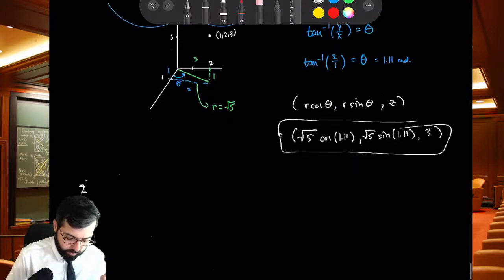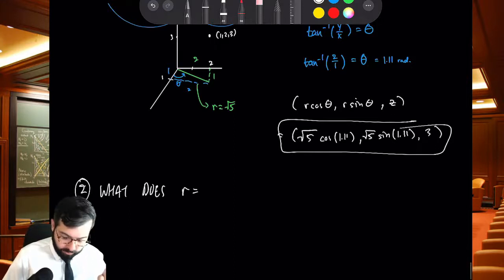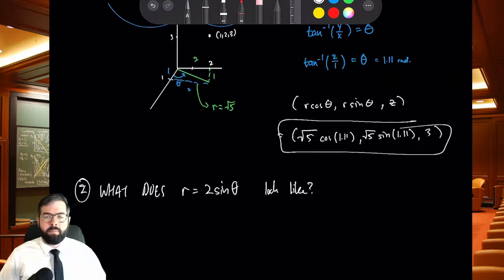So what does r equal 2 sine theta look like? Well, what does it look like in the polar plane, the r theta plane? R equals 2 sine theta.